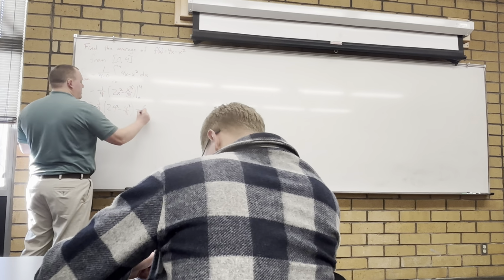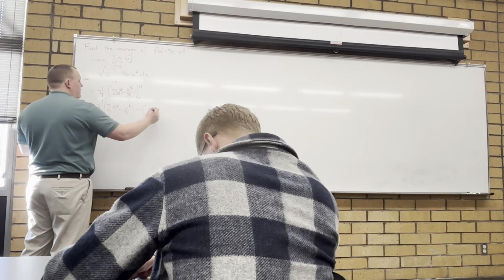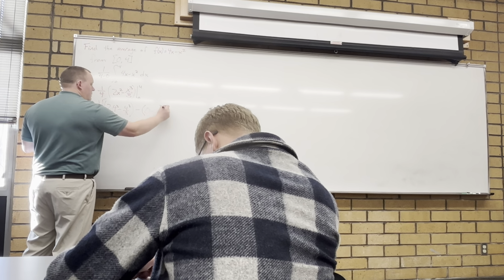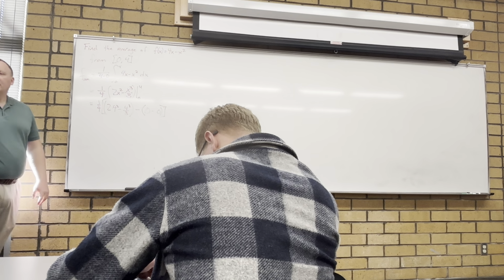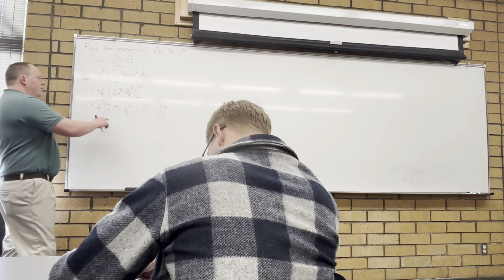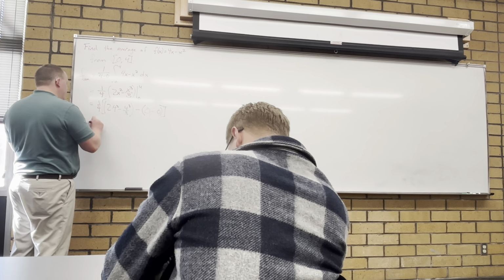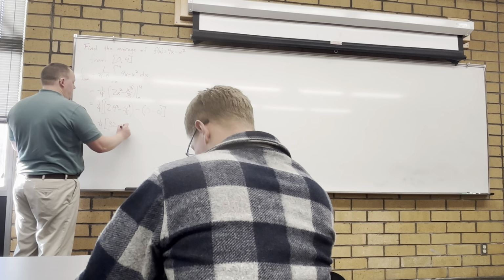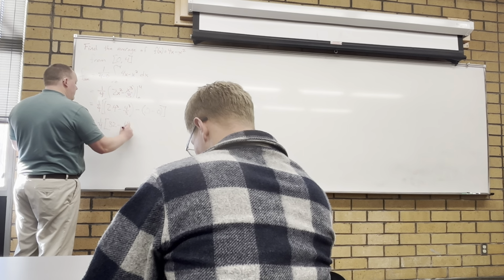And then minus 0 minus 0. I'm going to at least acknowledge that that's 0. Okay, great. So we've got 32 minus 64 over 3.